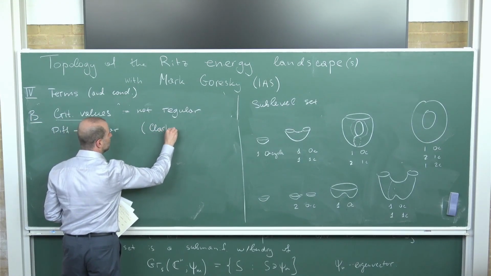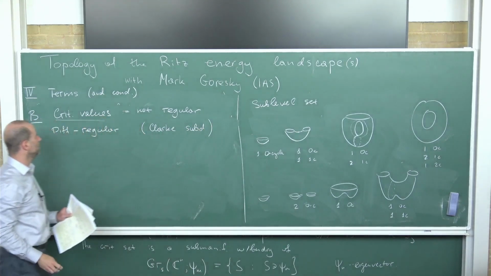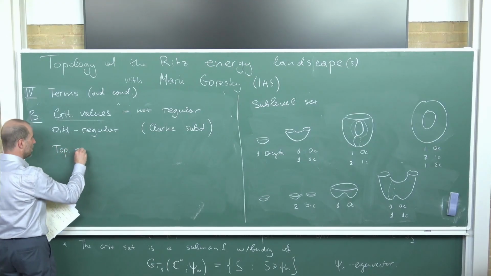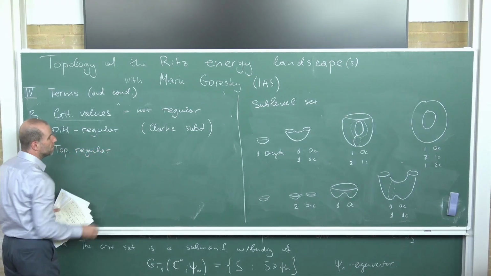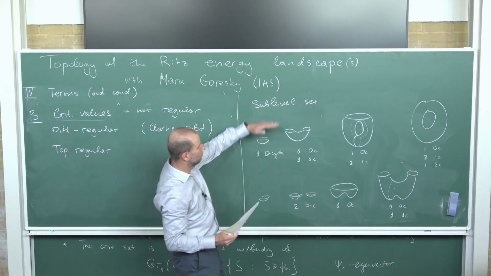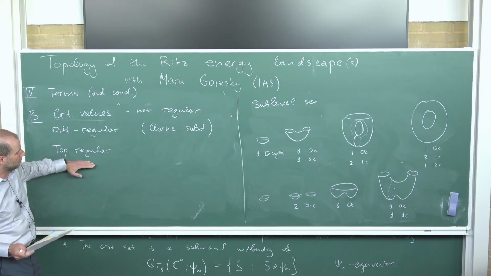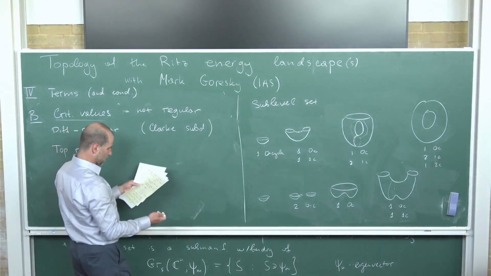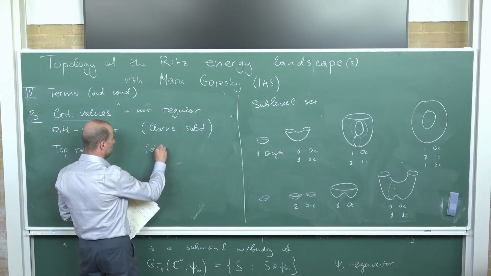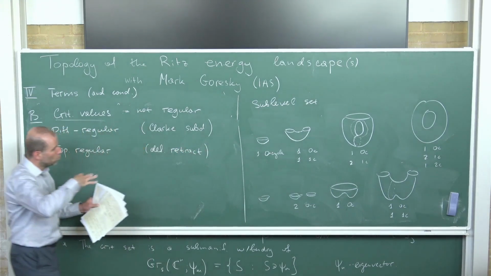It's a nice function, it's Lipschitz, so we can use Clarke's subdifferential here. Or we can use topologically regular. And this asks if passing through a value, the sublevel sets change dramatically in a topological sense, or don't change dramatically, meaning it's a deformation retract from one level to another.